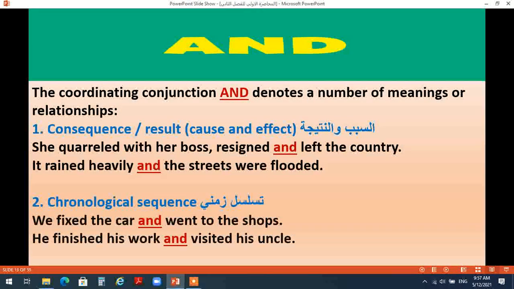For example, she quarreled with her boss, resigned and left the country. إذن حصلت سبب معين اللي هو she quarreled with her boss. النتيجة لهذا السبب إنه she resigned and left the country. So here and is used to indicate this cause and effect relationship.